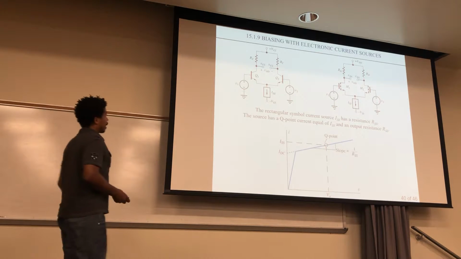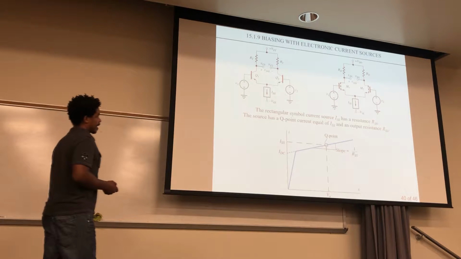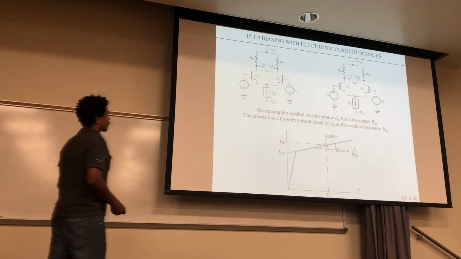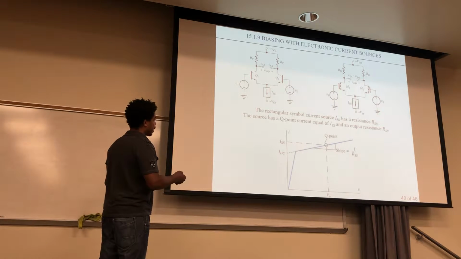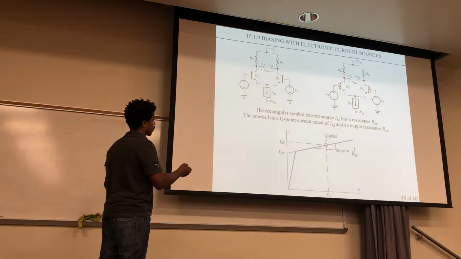So this is sort of what it looks like if you did an IV diagram. Here's current on this axis, here's voltage on this axis, and here's the Q point. ISS is the current going through here, and that's the voltage right there.